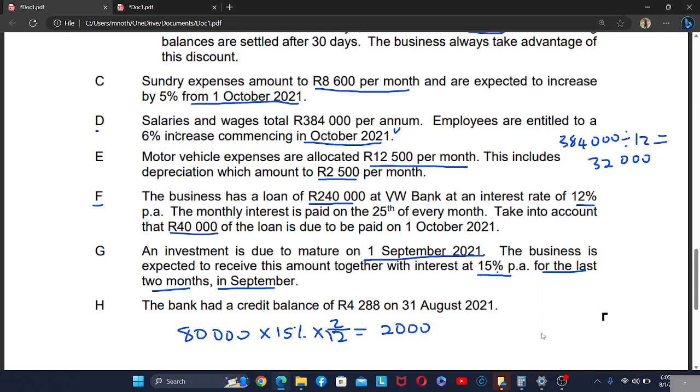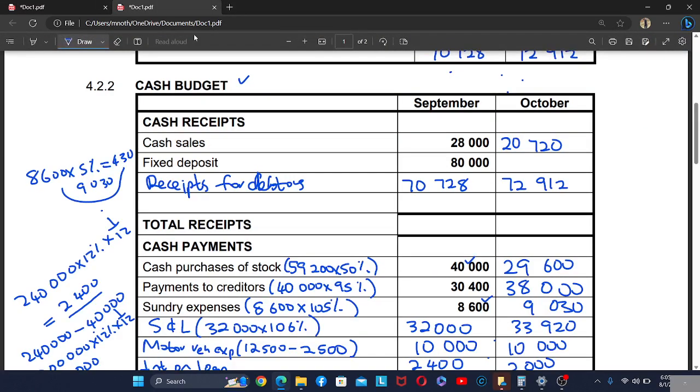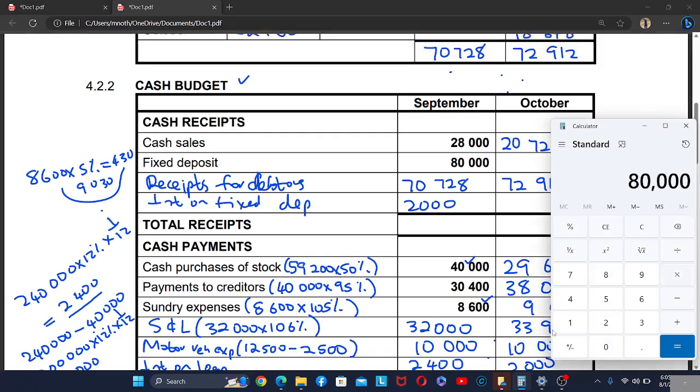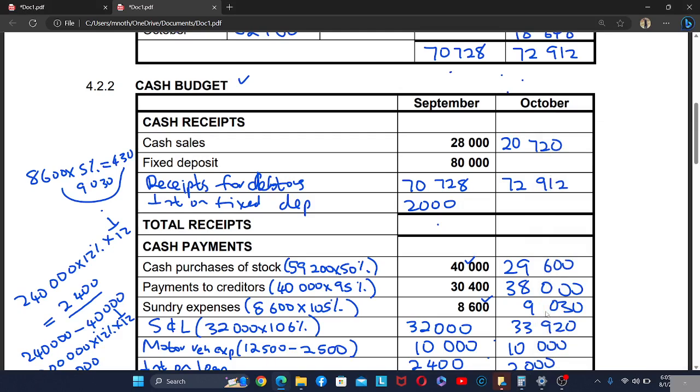So the interest on fixed deposit in September is going to be 2,000 rand. Let me calculate again. Yes, it's the same amount. In October there is no interest because the fixed deposit has matured.